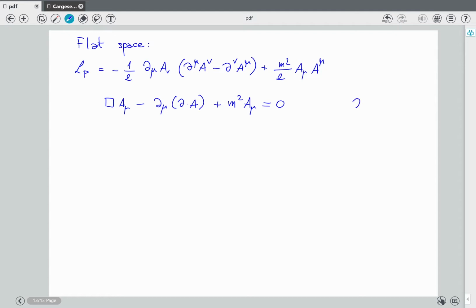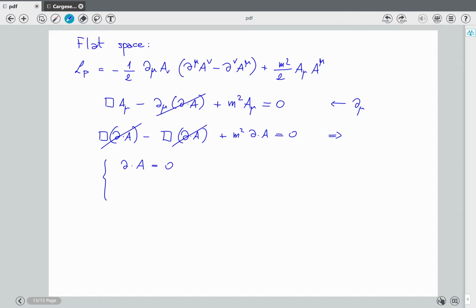If we take the divergence of this equation, we have box ∂·A minus box ∂·A plus m² ∂·A equals 0, which implies what? ∂·A equals 0, and when ∂·A is equal to 0, we get that (box plus m²) A_μ is also equal to 0.